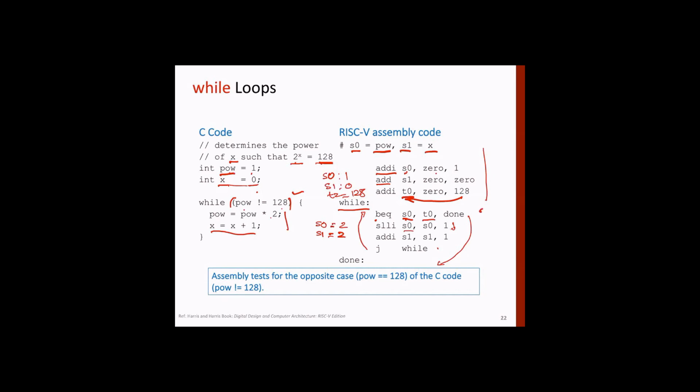So that's how we develop this logic. Again, you see that assembly tests for the opposite case, that POW is equal to 128, while in C we have POW not equal to 128. So you just reverse the logic, then constructing the assembly code becomes easy.